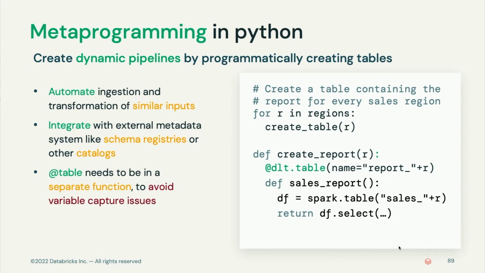You'll notice something interesting about this code: that DLT table annotation is in its own function, and this is critical because of how Python does variable capture. When you have a Python variable and it's captured by a lambda function, and we run that lambda function later, it's going to have the final value of that loop.